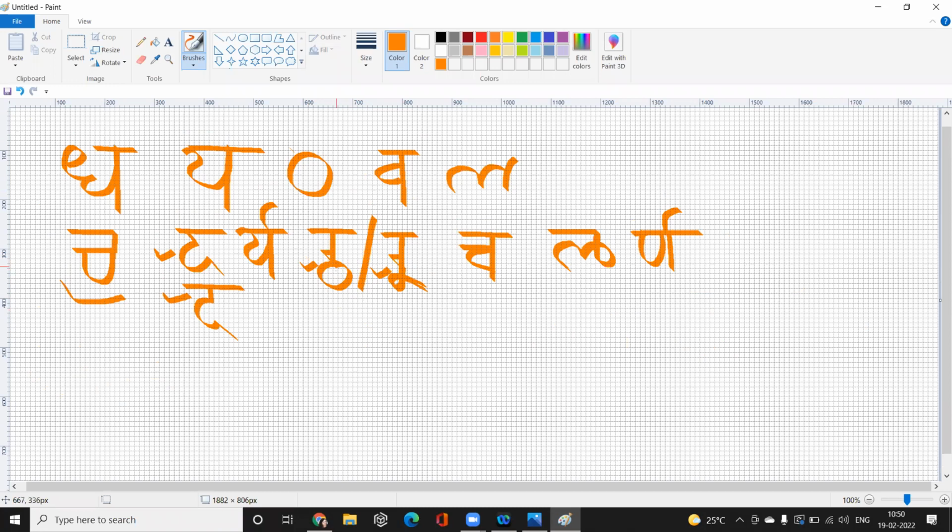We can write tha completely under ra, and this is also one way of writing ra with tha. And again, va, you saw that va also follows its own rule. It looks like Devanagari cha, and ra also has another way of being written. It merges with the ra.